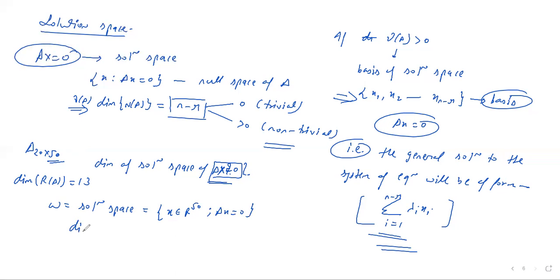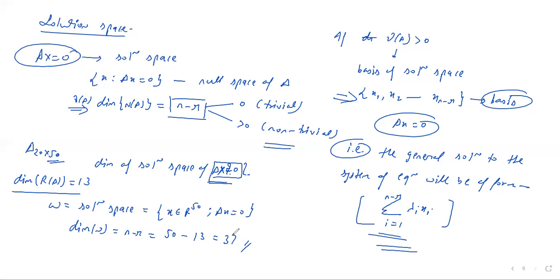Now the dimension of this W will be equal to n minus r. N is 50 and r is 13, because the dimension of the row space of A is basically the rank. So 50 minus 13 gives 37. So the dimension of the solution space of Ax equals 0 is 37.